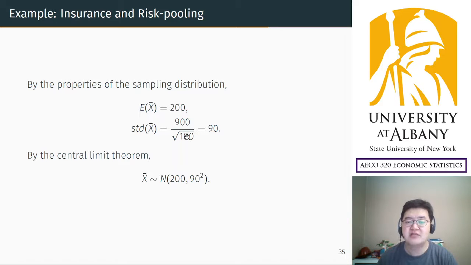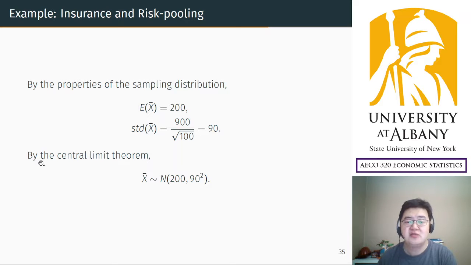And the sample size is 100 because the average is calculated from 100 policy holders. That's the number of numbers used in calculating the average. So as a result, the standard deviation is 90 after scaling by the sample size.